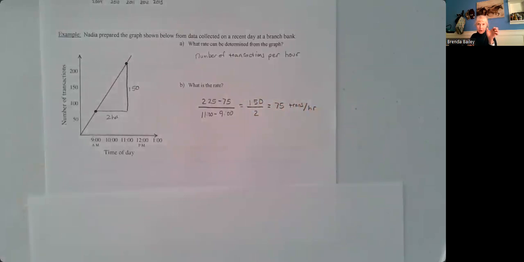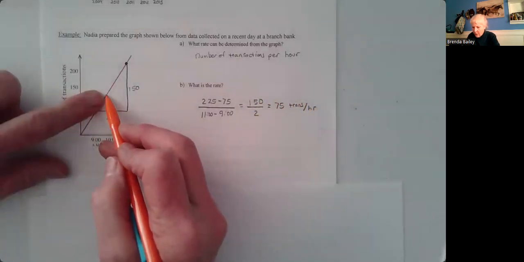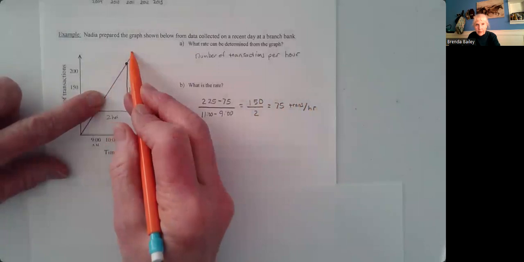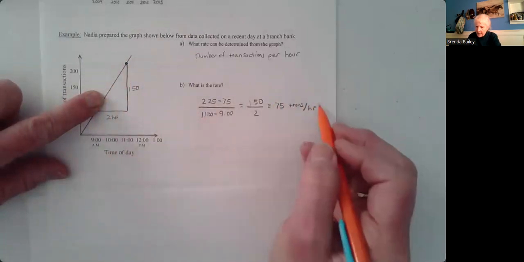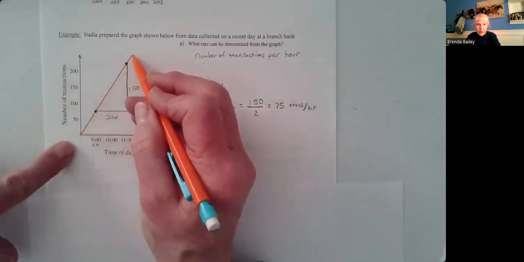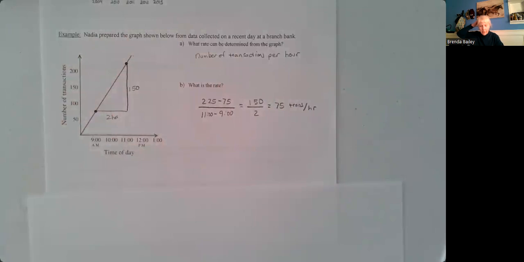Change in y over the change in x from point to point, and it's a constant. So if you were to take another point and go 2 hours, you'll also go up 150. So this rate is a constant when it is linear. You can also think of it as a path from point to point. Great.